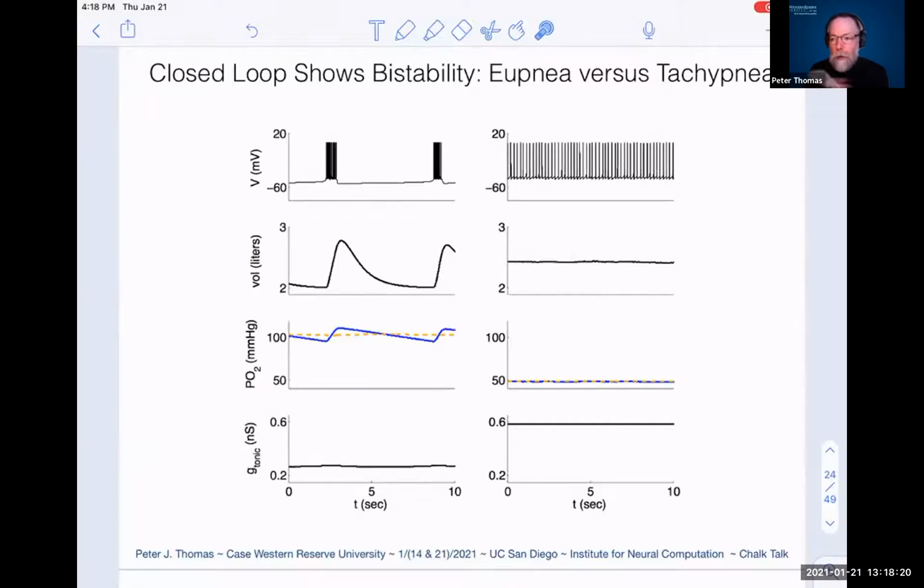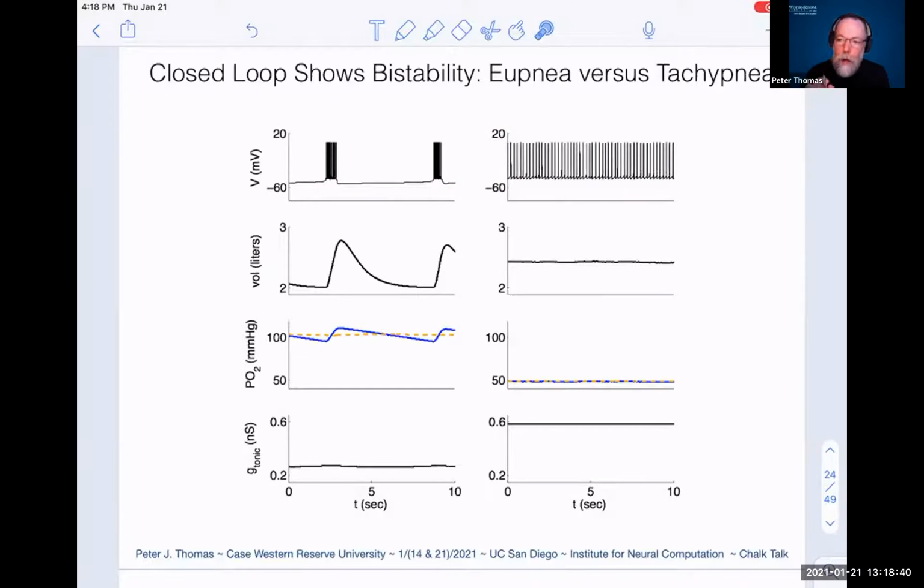Another thing that we discovered in working with this model, and I think Frederick asked about it earlier, is that it has bistability. With the same parameters, depending on different initial conditions, you can either produce the normal pattern, or you can also produce the beating pattern.